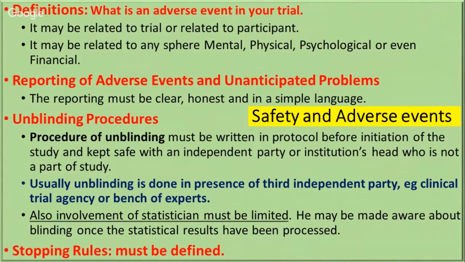You can make an expert team and present to them this unblinding procedure, but involvement of the statistician must be limited. He may be made aware of the blinding once the statistical results have been processed. So at this stage, there is no role of the statistician. The statistician's role is in the designing part, not the unblinding part.